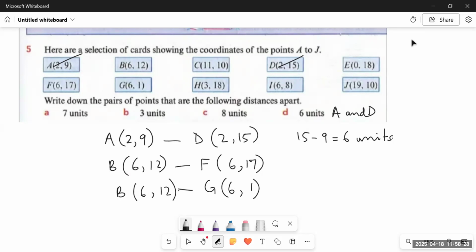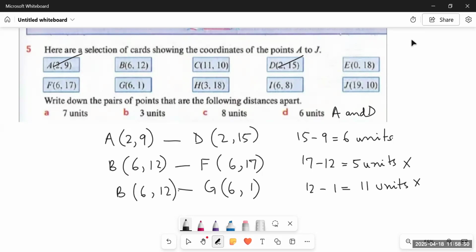So the difference between F and B is 17 minus 12, which is 5 units, but we have no such option having 5 units, so we'll not consider that. But if we talk about 12 minus 1, it's 11. Again, we don't have any such option, so we'll just leave it out.